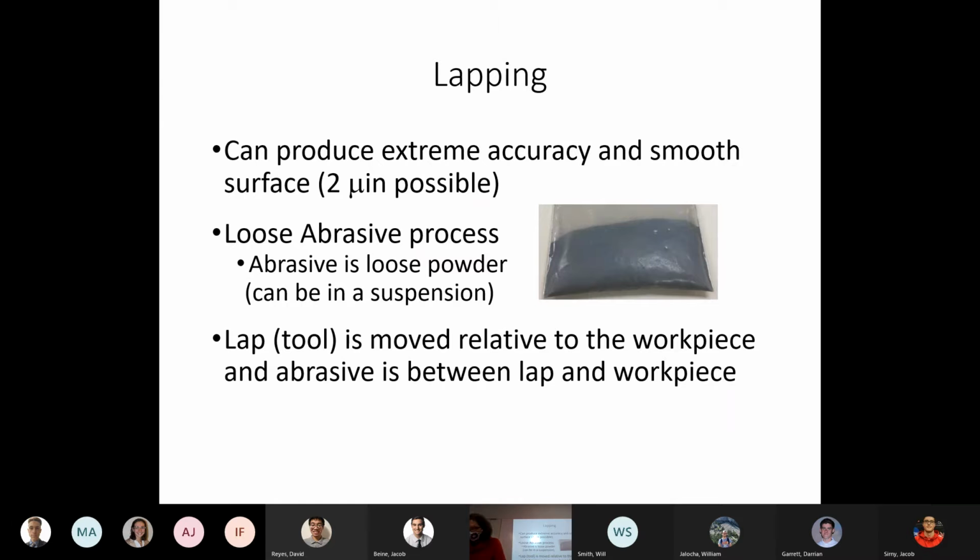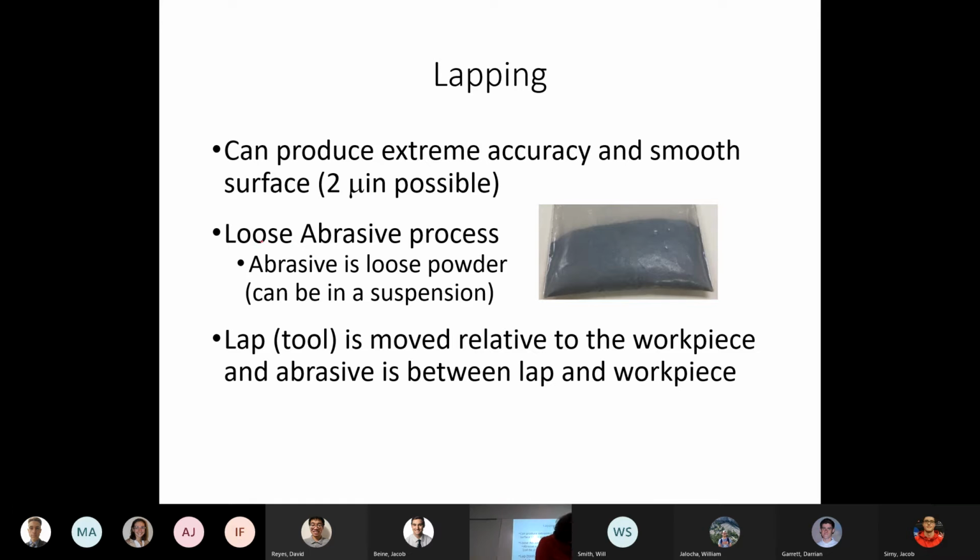Okay, our other abrasive process that can help our surface roughness is something called lapping. Now, lapping can give us slightly better surface, so we can get down to 2 microinches. We can also, again, look at very smooth surfaces and accuracy.